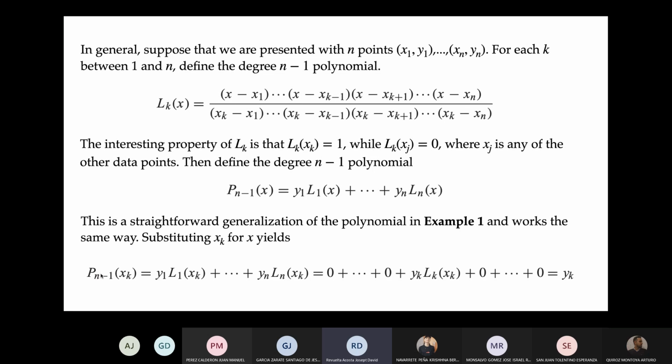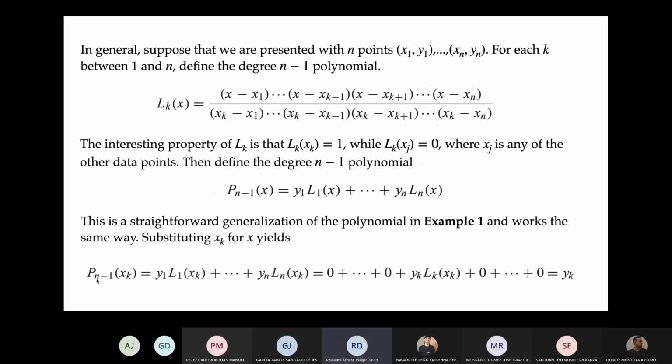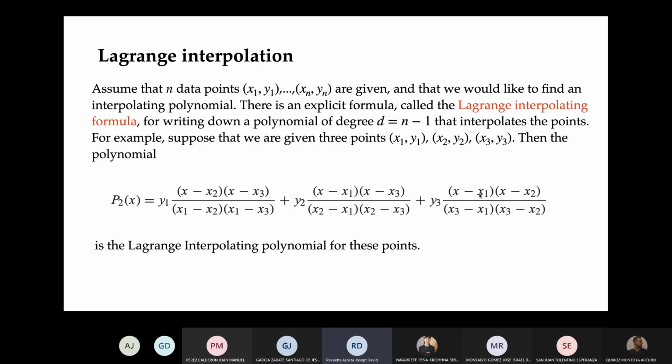Example 1 was P3, in this case P2. n is equal to 3 because we have 3 points, so P is equal to 2, and then we just have J1 times L1, J2 times L2, and then J3 times L3, which is what we have here.